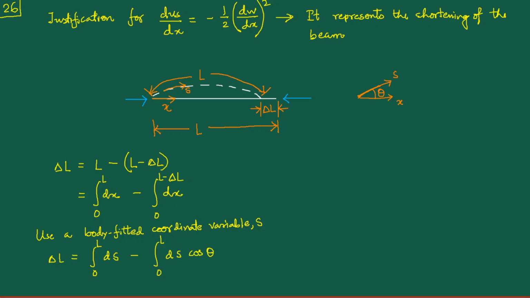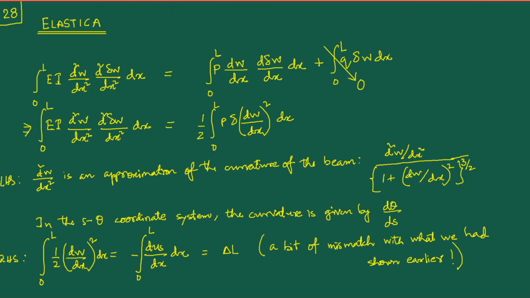When we are writing in terms of the x here, that is fine, but this should be in terms of 0 to L here. All right, so what we'll do is we'll write this delta L as integral of ds minus integral from 0 to L of ds cos theta.